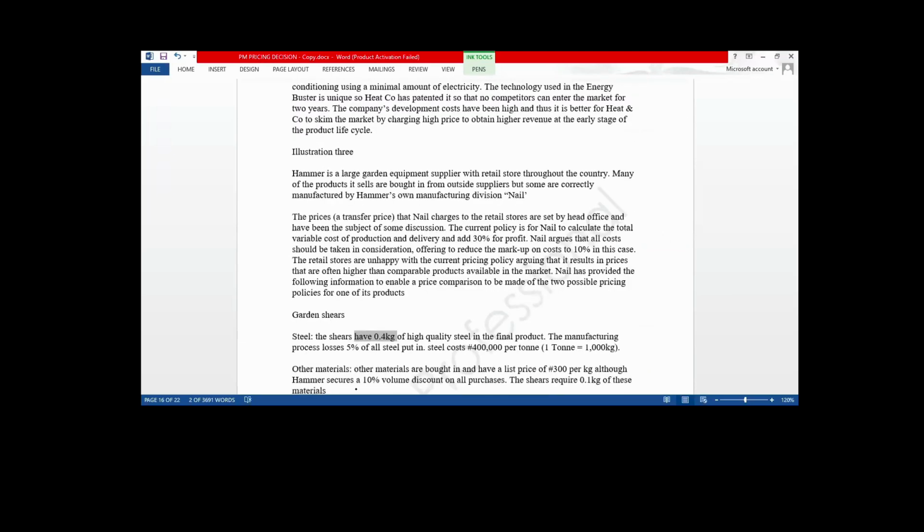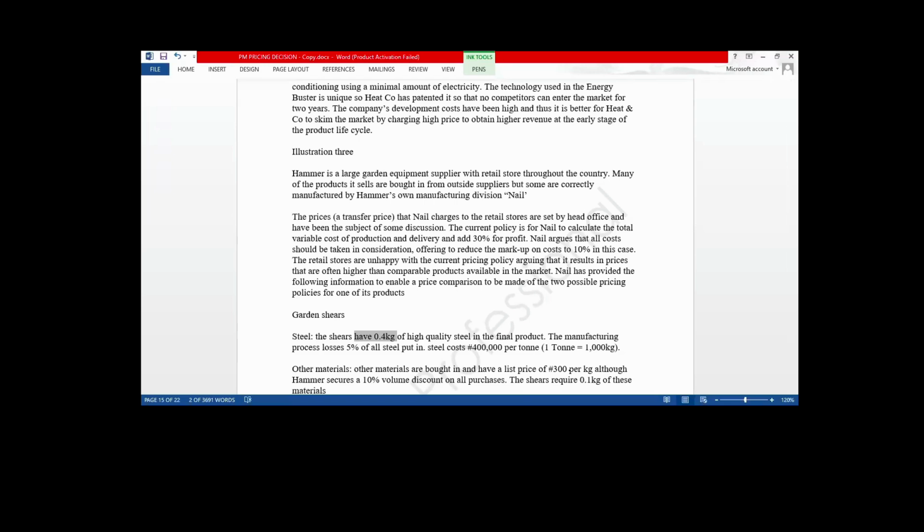The examiner says, look at this again. Other materials are bought in and have a list price of 300 naira per kg. Although the company secures a 10% volume discount on all purchases.